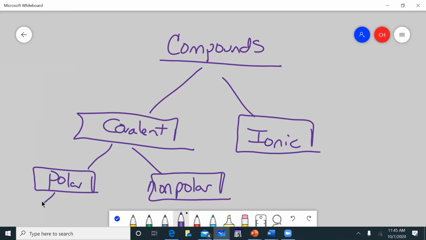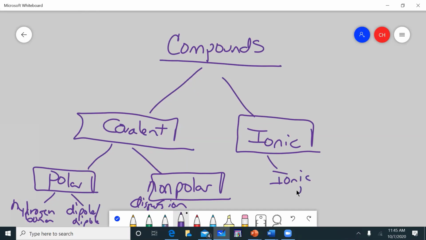Polar can be either hydrogen bond or dipole. Nonpolar is going to just give us dispersion. And then ionic, it's an ionic force. Does that make a little more sense? So this sort of stuff over here doesn't even come into play at all over here.